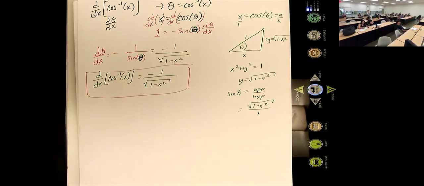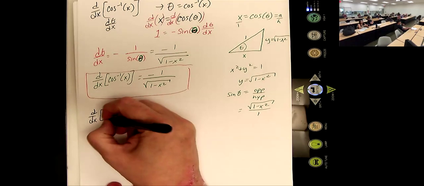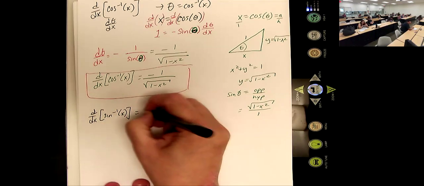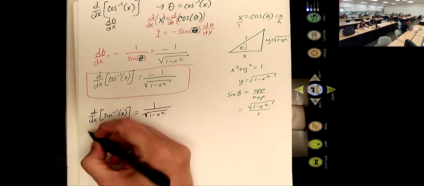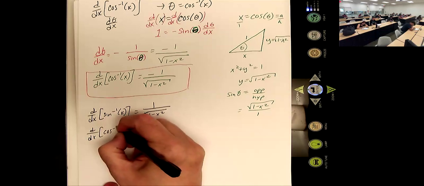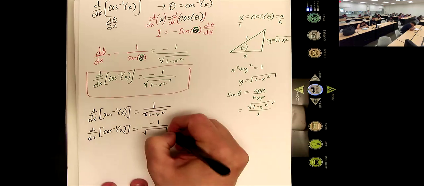So, speaking of the formulas, we just showed two of them. We showed the derivative of sine inverse was 1 over the square root of 1 - x². And we showed cosine inverse was -1 over square root of 1 - x².